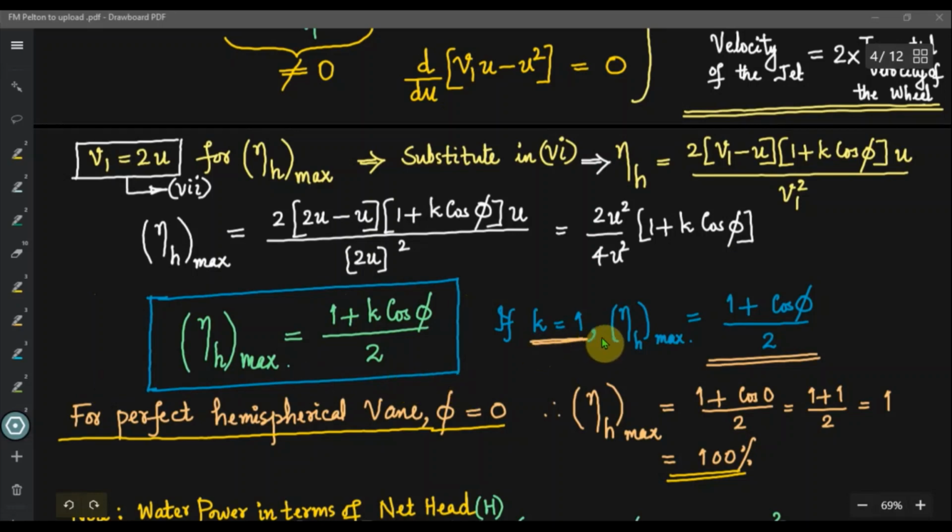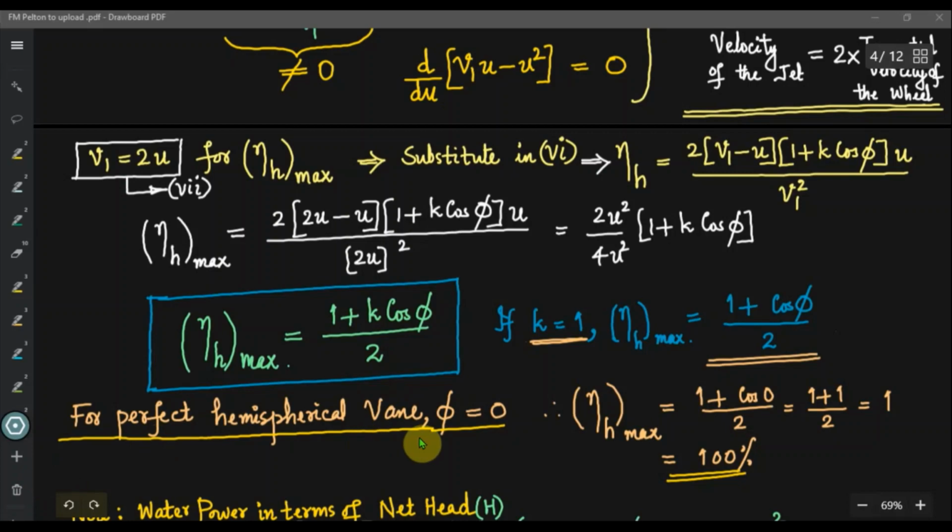So that is the expression for maximum hydraulic efficiency in the case of Pelton turbine. When k is equal to 1, maximum hydraulic efficiency will be 1 plus, instead of k, that is 1, into cos phi by 2. So 1 plus cos phi by 2, that is the maximum hydraulic efficiency of the Pelton turbine, ideally, where phi is the vane angle at outlet.